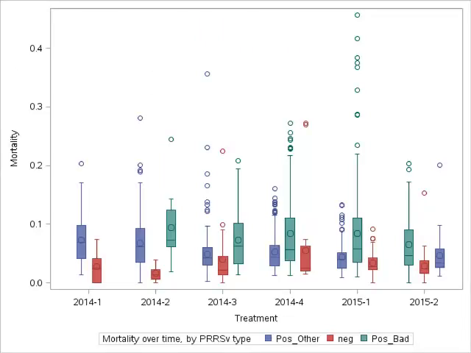You see here how mortality went over time, by quarters, 2014 quarter 1 to 2015 quarter 2, and the boxes represent the PRRS type. You see that consistently the green boxes, which we call the bad PRRS, the 174 PRRS, were higher and with higher variability when compared to other kinds of PRRS and also the negative flows.